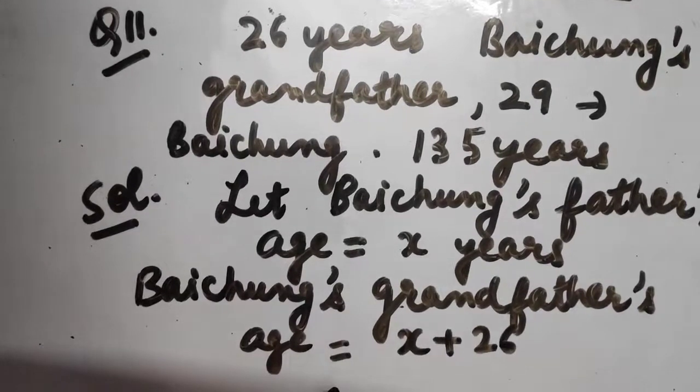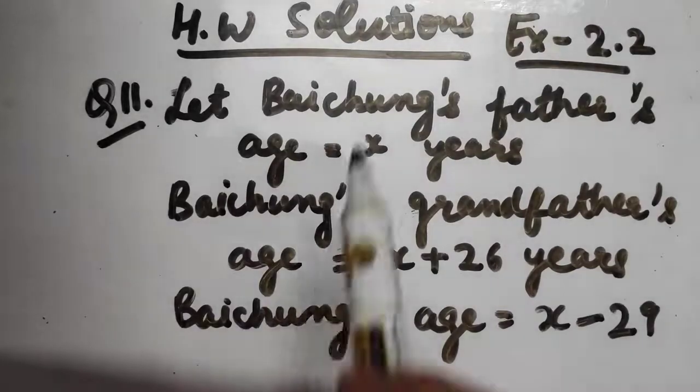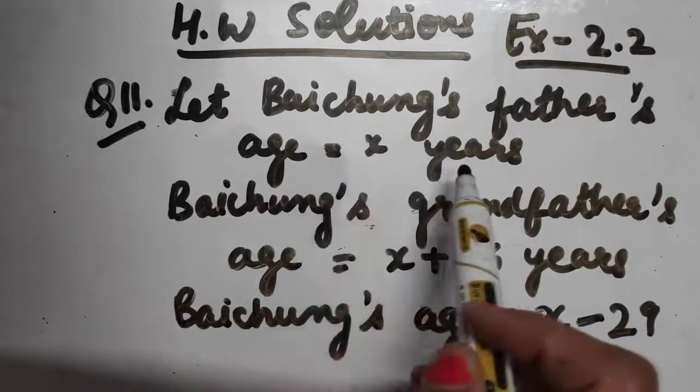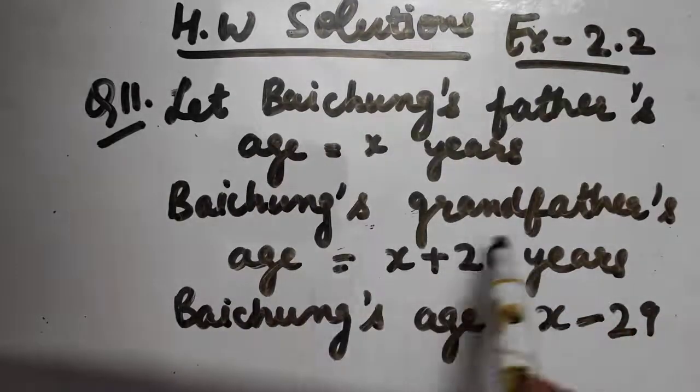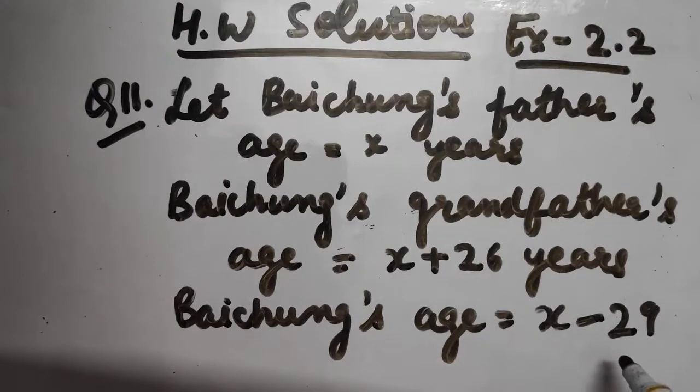Now I have written the ages of all three. Baichung's father's age is x years, grandfather's age will be x plus 26 years, and Baichung's age will be x minus 29.